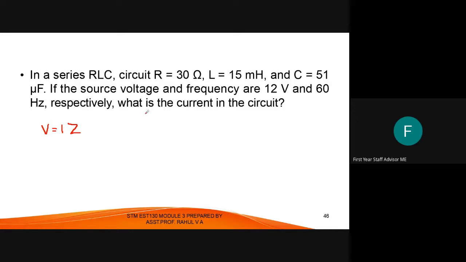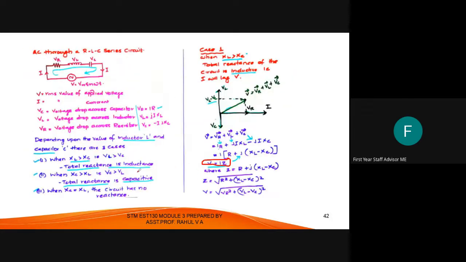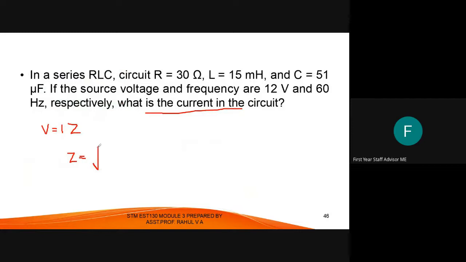We have to find out the current in the circuit, so we have to find out I. We don't know the value of impedance Z, but we know that there is a formula: Z is equal to square root of R square plus (XL minus XC) square.